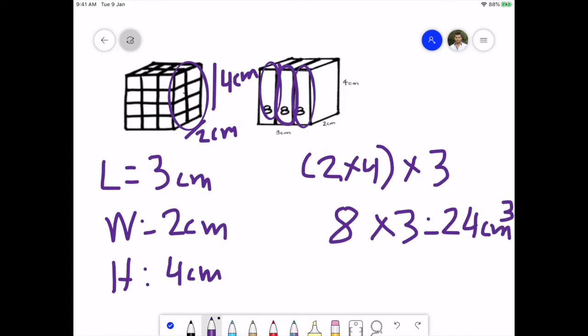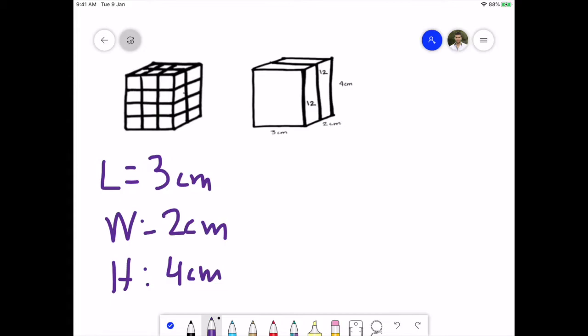Brilliant. Let's see another way that I can look at this rectangular prism and find its volume. Another way that I can look at it is as if I have 2 of these layers here. If I look closely, here the length is 3, the height is 4, so it's a 3 by 4 surface, and then it's repeated 2 times.